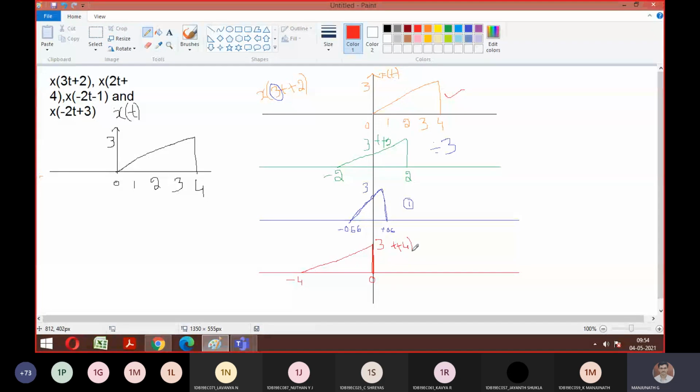Next in row. It says 2t plus 4. So we have to go with the compression technique now. For 2t, you have to do the divide by 2 logic. So the signal which was starting at minus 4 will go to where? Minus 2.